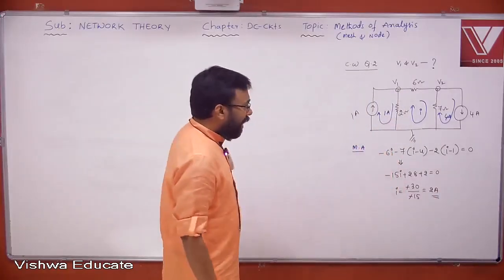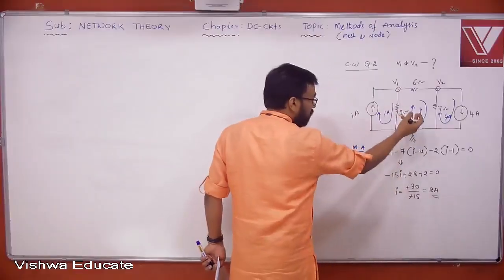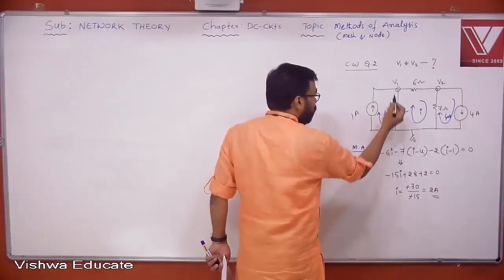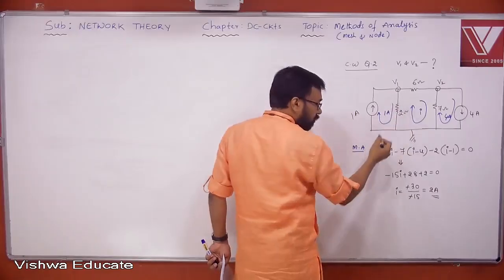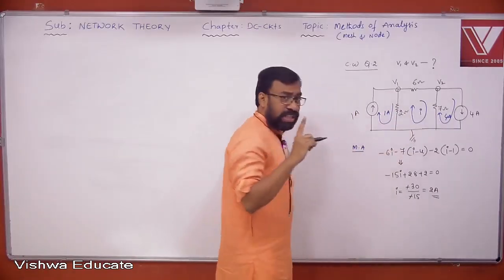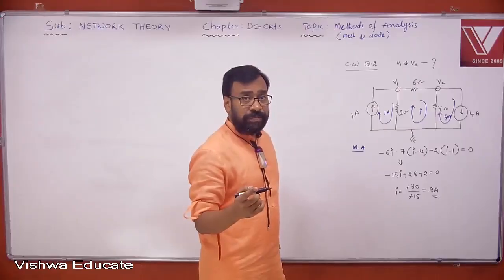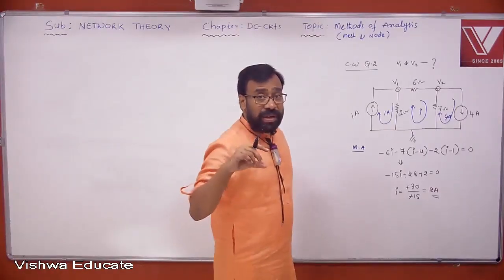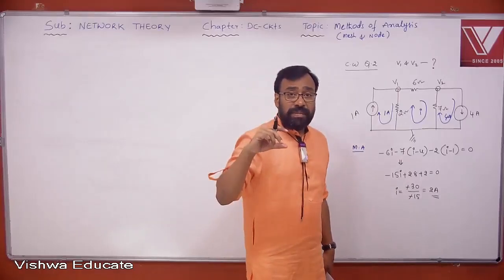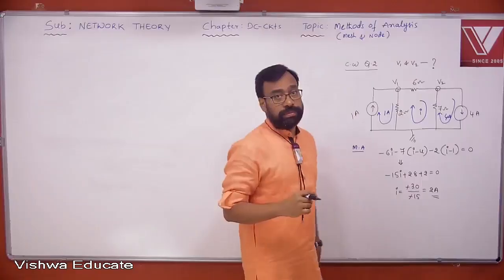Now let us find V1, V2 using this current. What is actually V1? Is it not the voltage across 2 ohm? Node voltage will become a branch voltage across an element which is connected between the principal node and the reference node.